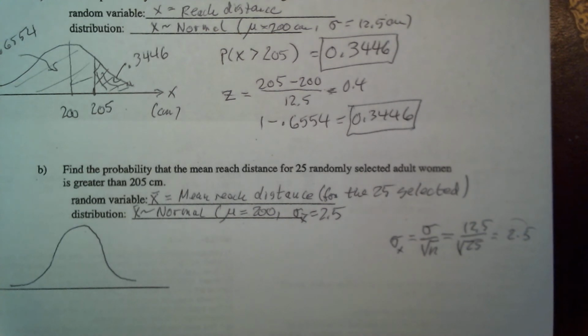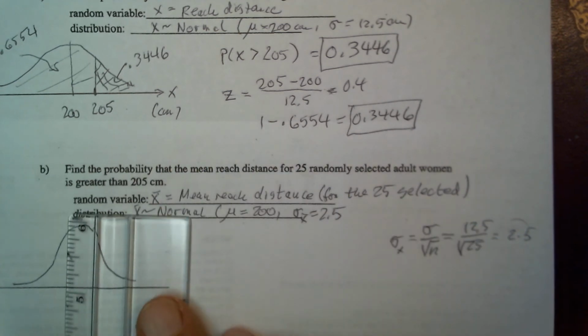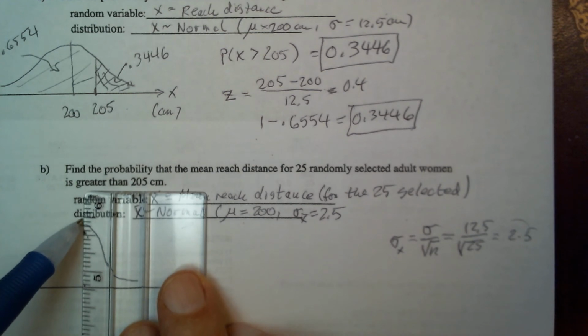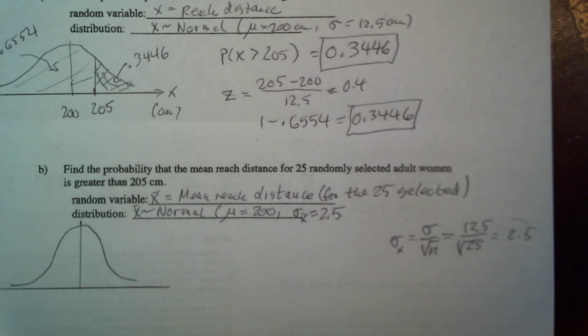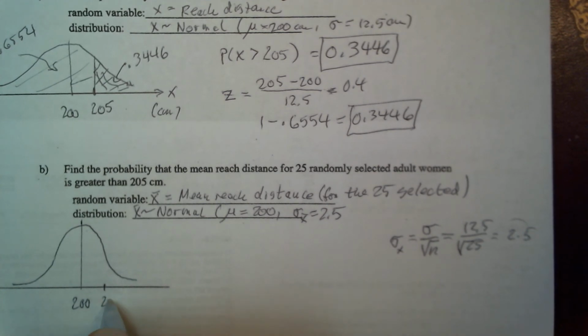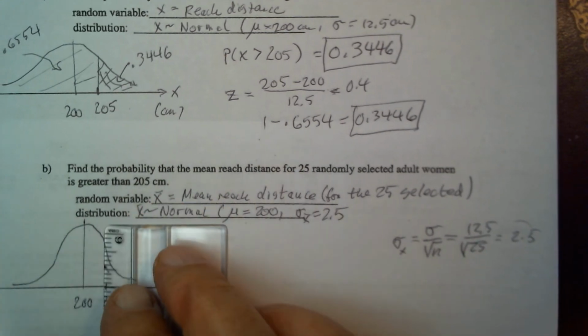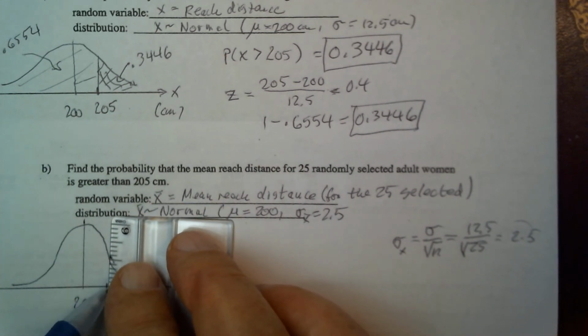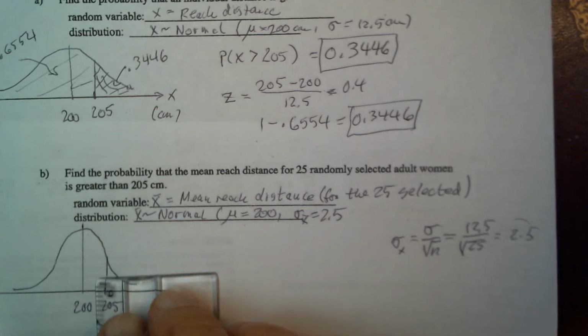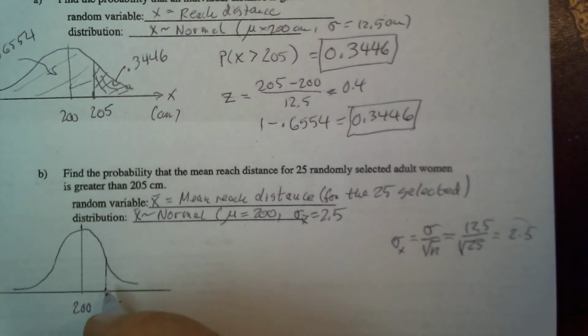So let's draw in the important information. Here's our mean of 200, and here's 205. And so what we want to look at here is, what is this area here? What is this probability?